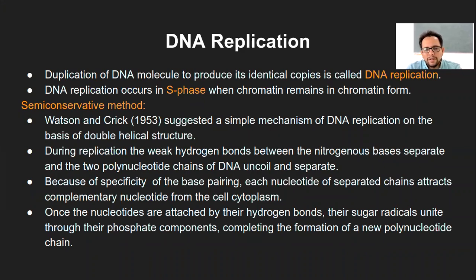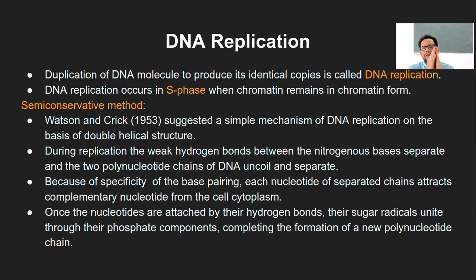Of course, they gave the double helical model of the DNA structure. On the basis of that, they found that a simpler mechanism of DNA replication could be explained. This mechanism involved the breakdown of the hydrogen bonds, one of the weakest bonds between the two strands of DNA, connecting the two nitrogenous bases.